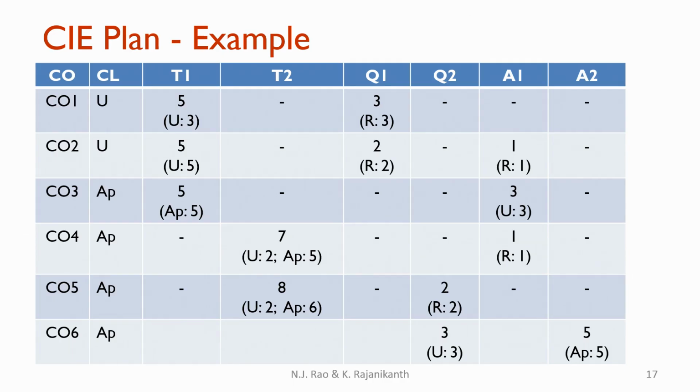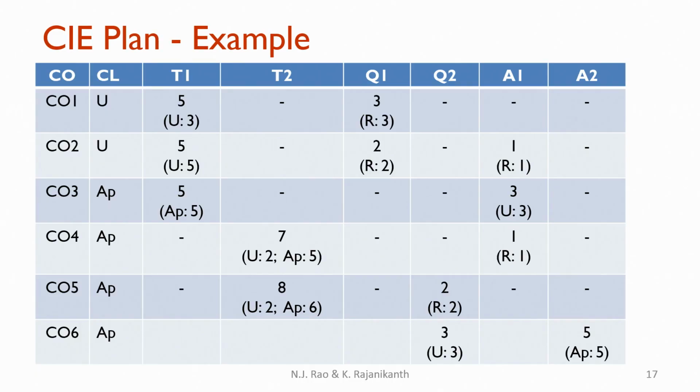First, we have to ensure that the total number of marks for T1, T2, quiz 1, quiz 2, assignment 1 and assignment 2, they are as per the original plan. So, the total marks allocated to each assessment instrument are as per the original plan, and the scheduled tests, assignments and quizzes, they all occur at a time by which the addressed COs have been completed in the classrooms, and the cognitive levels are all appropriately planned.